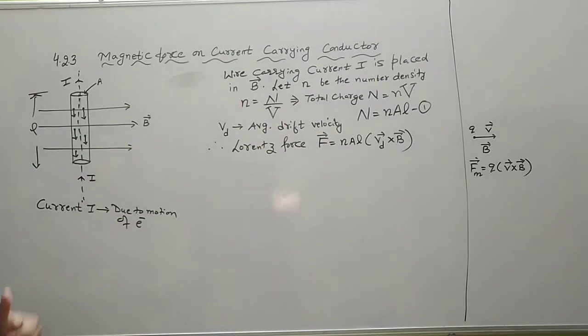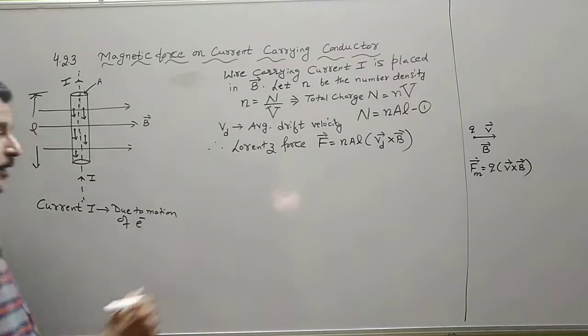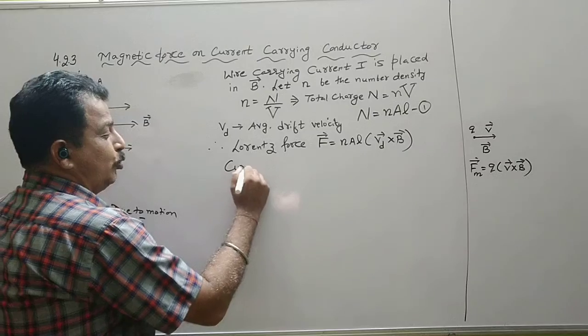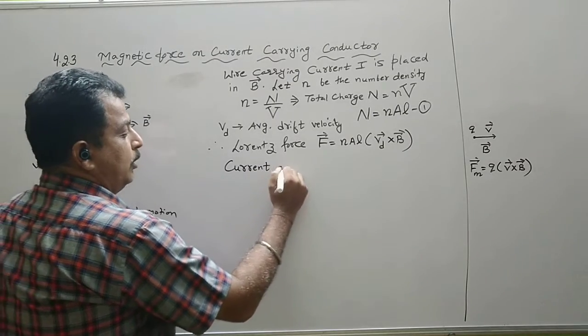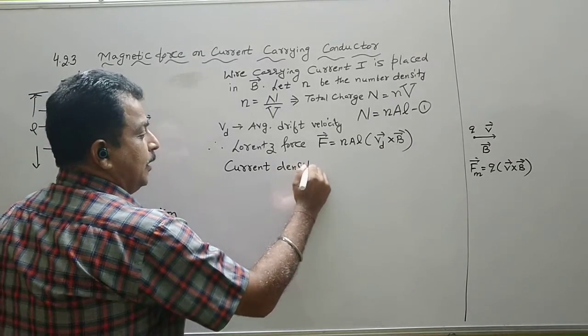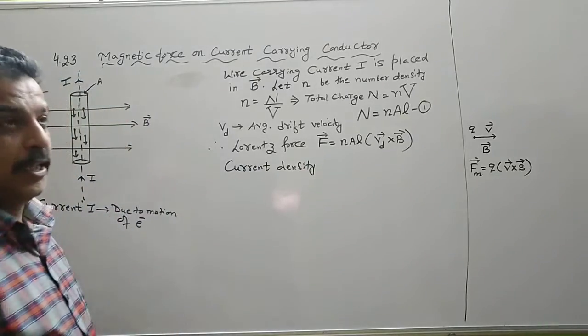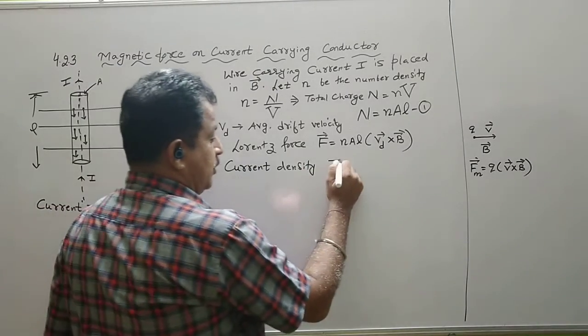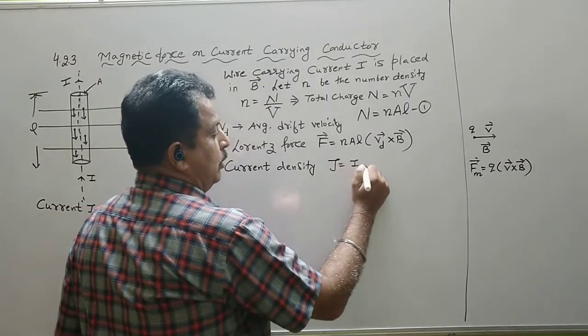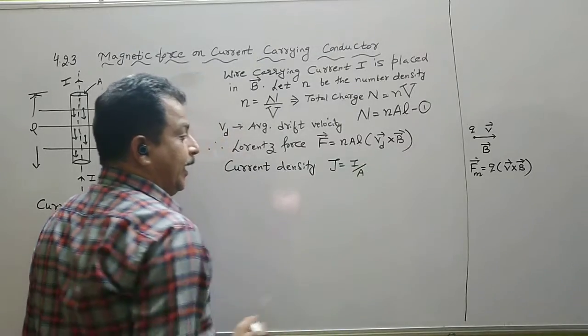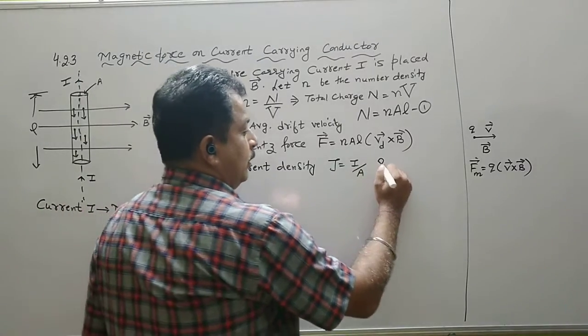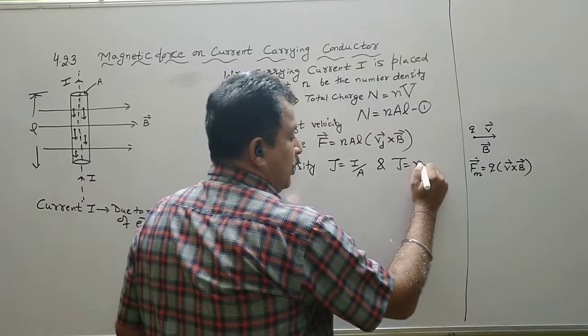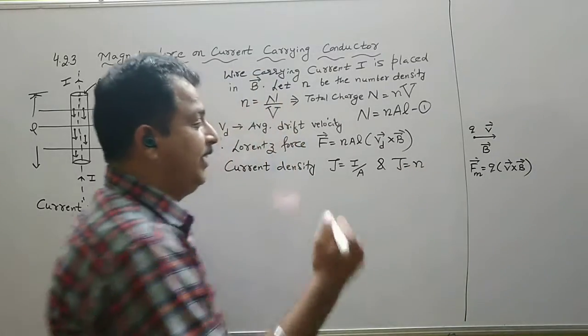Now from the third chapter, we defined a new quantity which we called current density. If you remember, the current density J was equal to I upon A, and J was also equal to nevd.